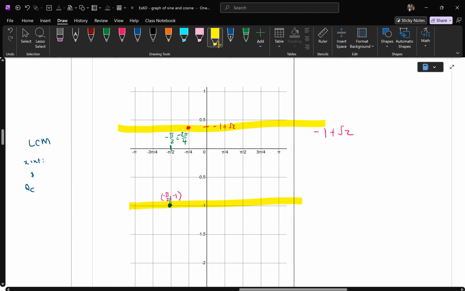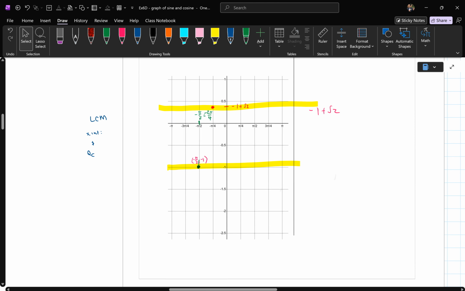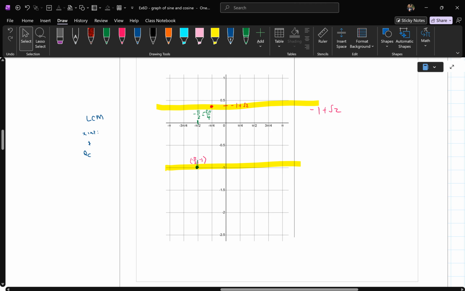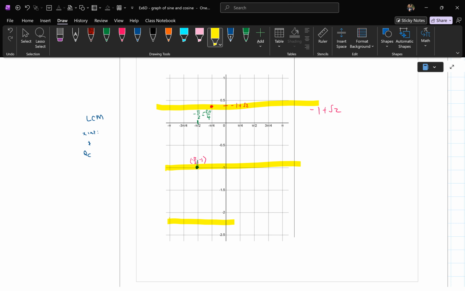This is your max line. And negative 1 minus root 2 should be negative 2 point something. So roughly there. So we did an estimate. We've got the mid, up, mid, down. You can then follow that pattern to draw your circular function.